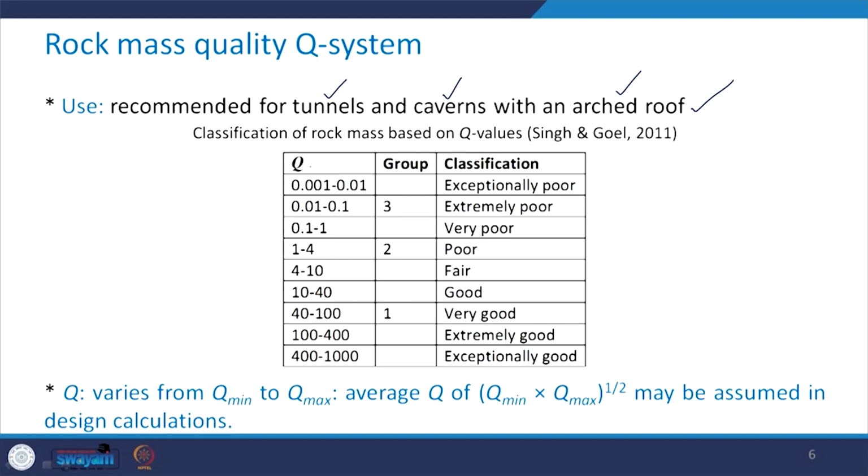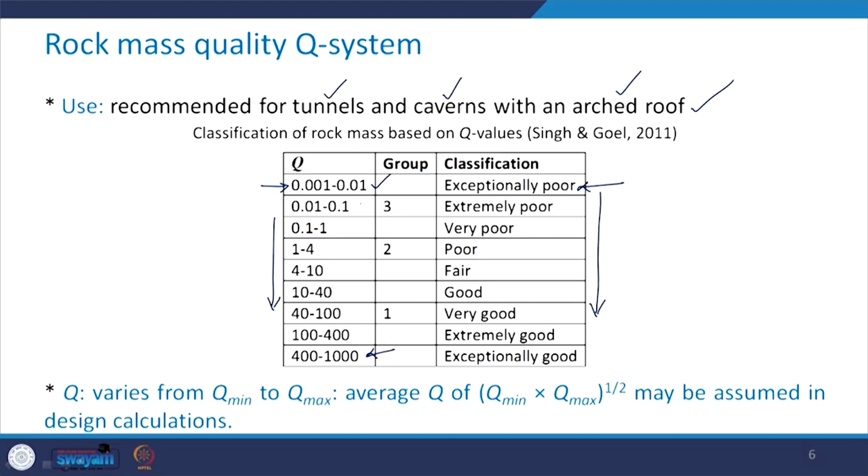Q varies from 0.001 and goes as high as 1000. As the value of Q increases, the quality of the rock mass also increases, or it gets better. So, for Q varying between 0.001 to 0.01, the classification of the rock mass is exceptionally poor.